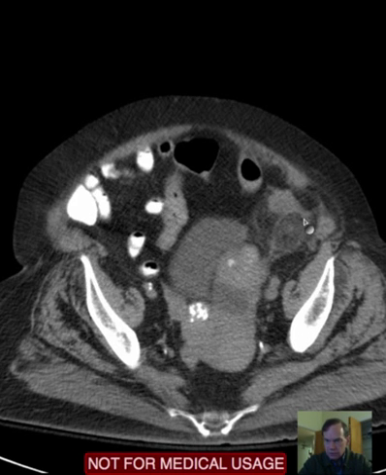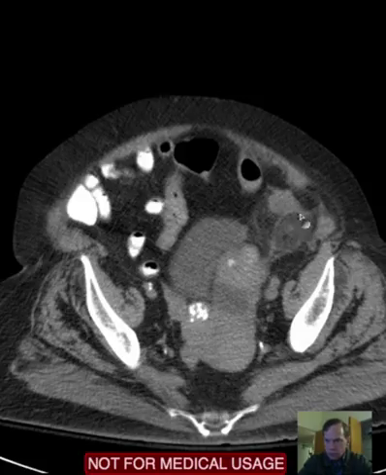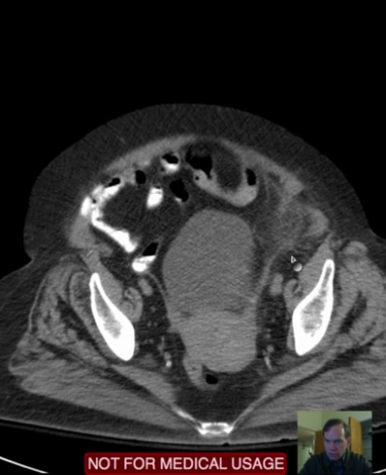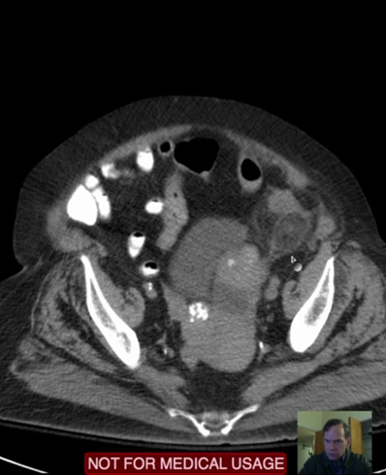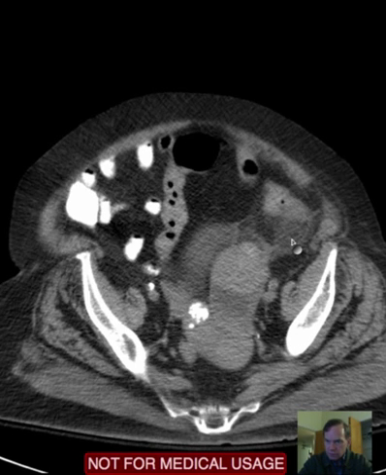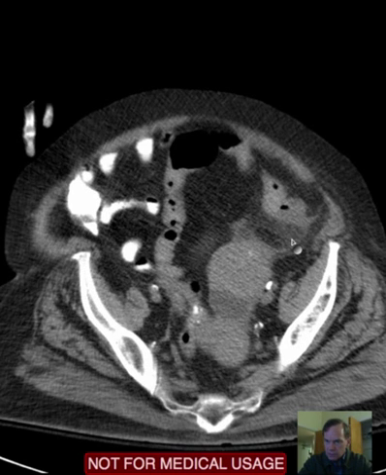Now take a look. This is interesting because this is an oval configuration of this process here, and there is some stranding around it, but most of the severe stranding seems to be right in this structure here. And I point out to you that that structure seems to be directly abutting the colon. So here's colon here.